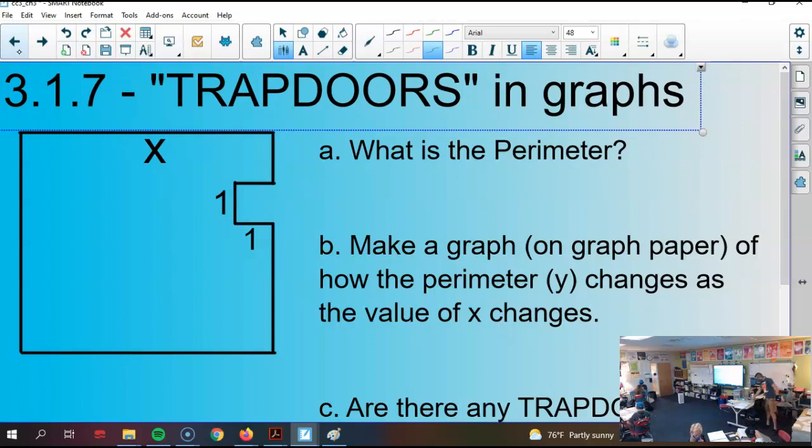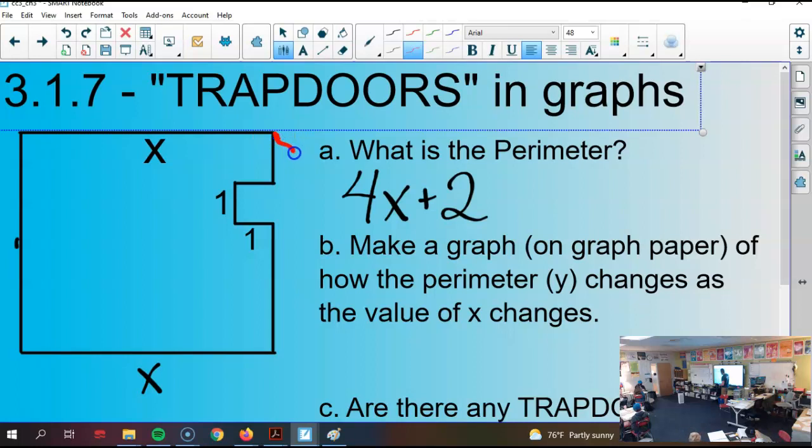All right, Colin McNeil, what did your group get as the perimeter here? 4x plus 2? So, x, x, x. Oh no, I know what the trapdoor is.